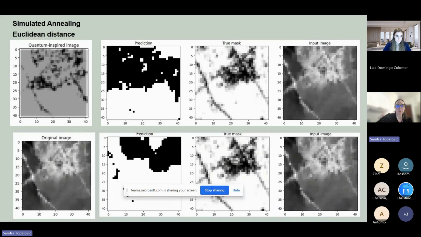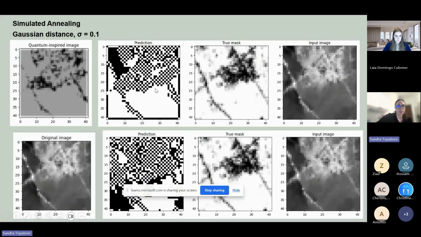I also tried with Euclidean distance, just to see if there is going to be some change. To be honest, this original image did pick up on something, but it's not really the best. The quantum inspired did not really look proper. And I went back to the Gaussian distance, tried with a bit more sensitivity with sigma 0.1.